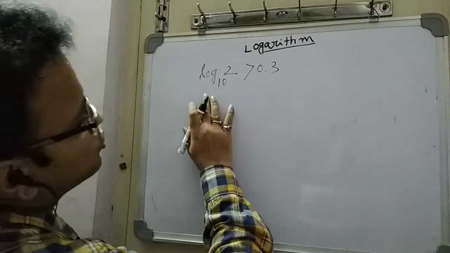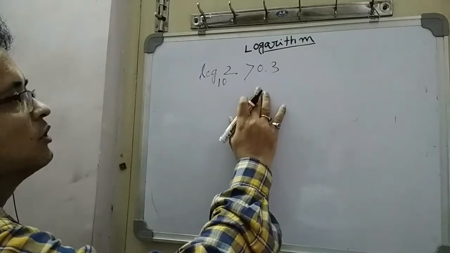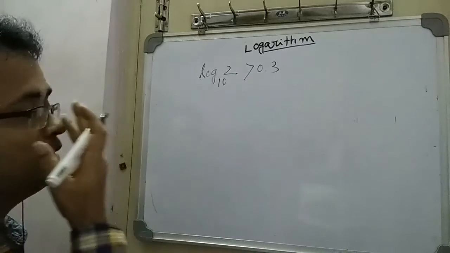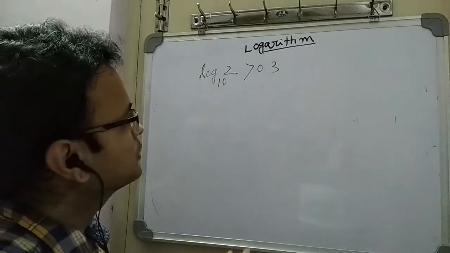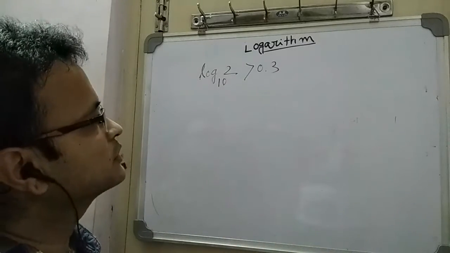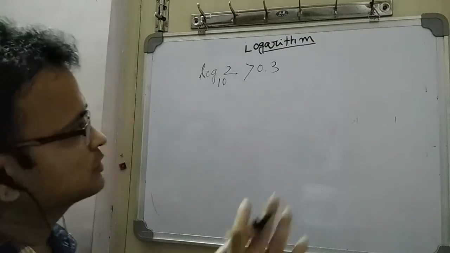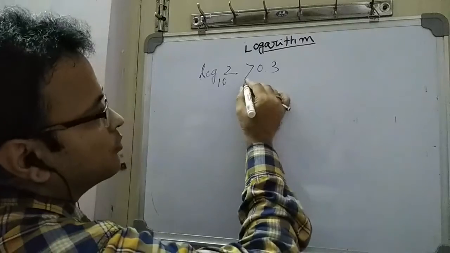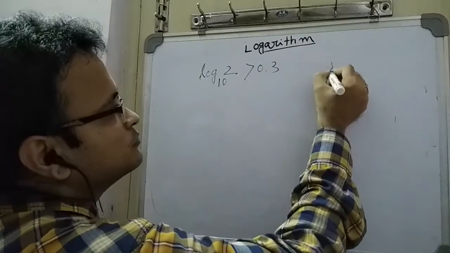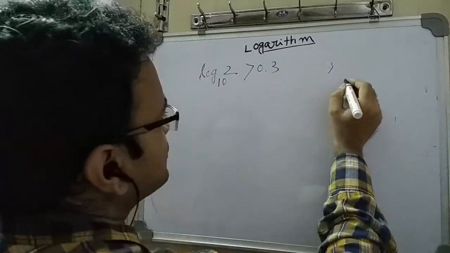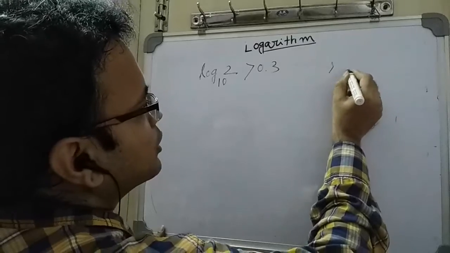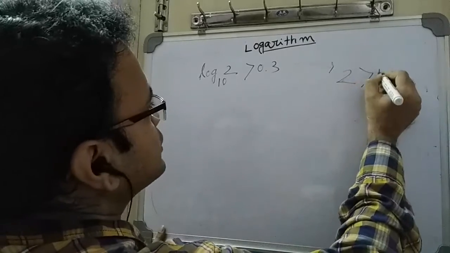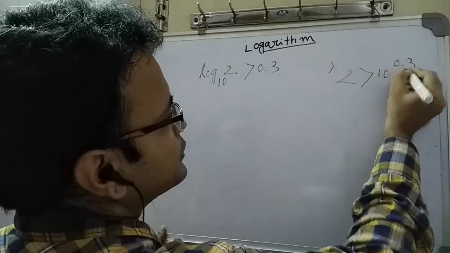Now I will show one inequality example using log. Whenever any kind of inequality example comes, you can understand and solve any such problem. First, when you have this kind of problem, think you need to prove this. That means you need to prove 2 greater than 10 to the power 0.3.